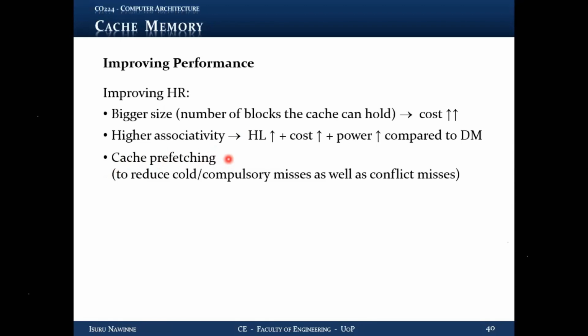If you can successfully predict which data might be used next, then you can reduce the cold misses a lot. Cold misses or compulsory, they're the same thing. The first time reference misses, you can reduce them only by doing something like cache prefetching.